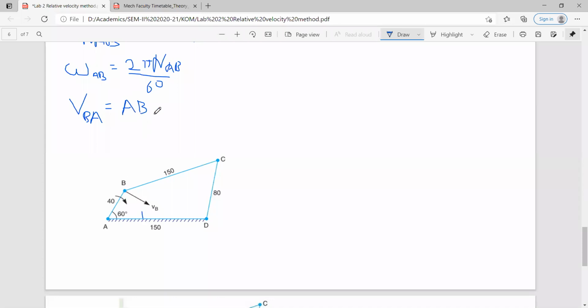Then we can use this formula, AB into angular velocity of the link on which both of these points are there, AB. A and B are on which link? That is link AB. So use this equation and find out the velocity of B with respect to A.